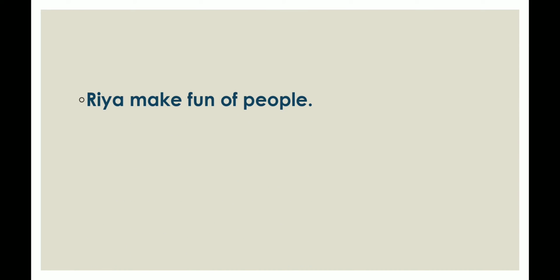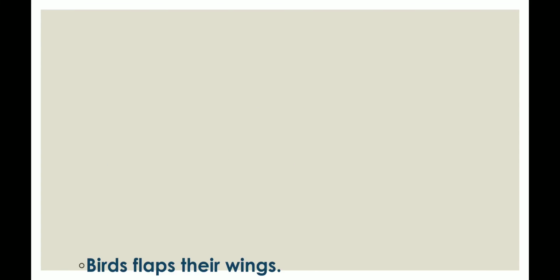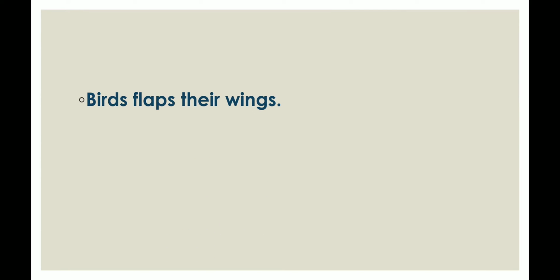Ria makes fun of children. Now Ria is singular and the verb should have s along with it. So we will write Ria makes fun of people. Birds flaps their wings.